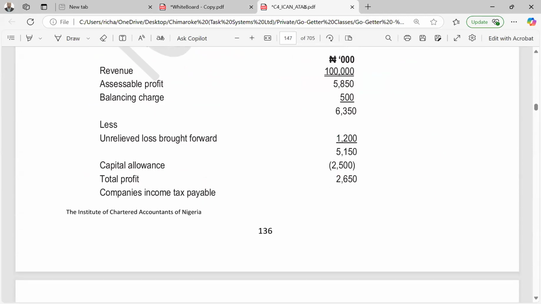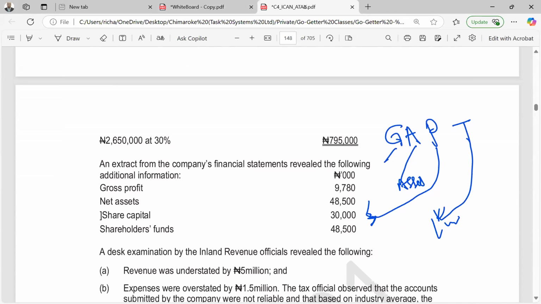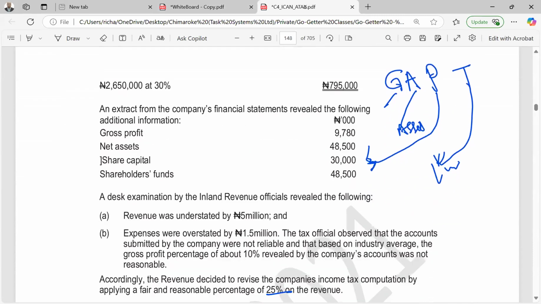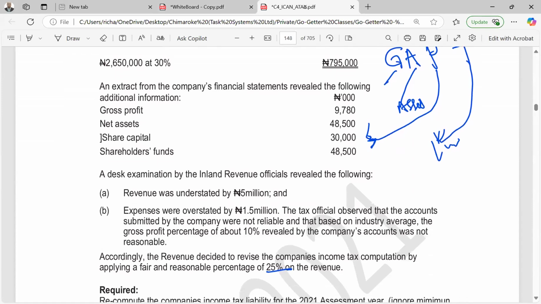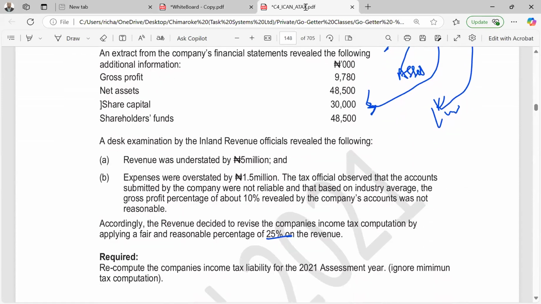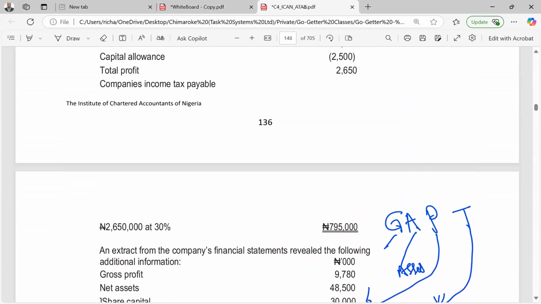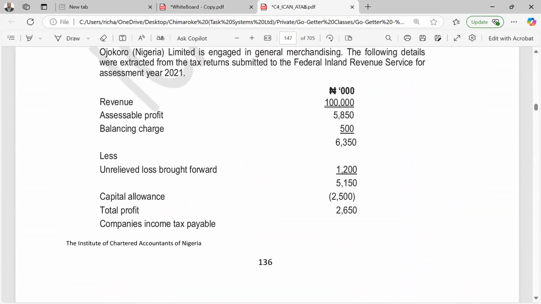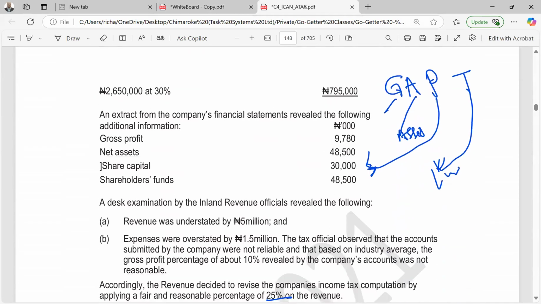What else again? Since it is revenue basis, that's the only thing that we are after. Is there any gross dividends? There's no dividend here, so no mention of dividend.